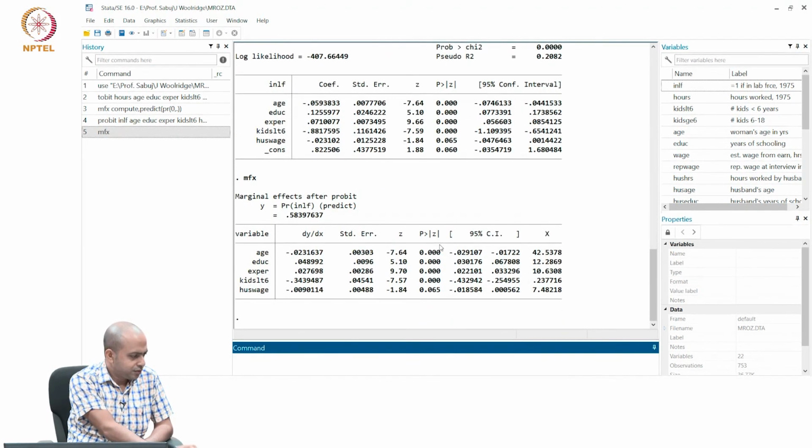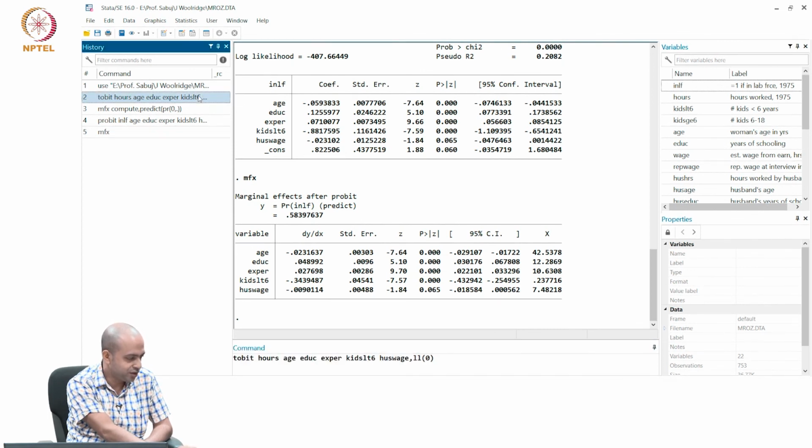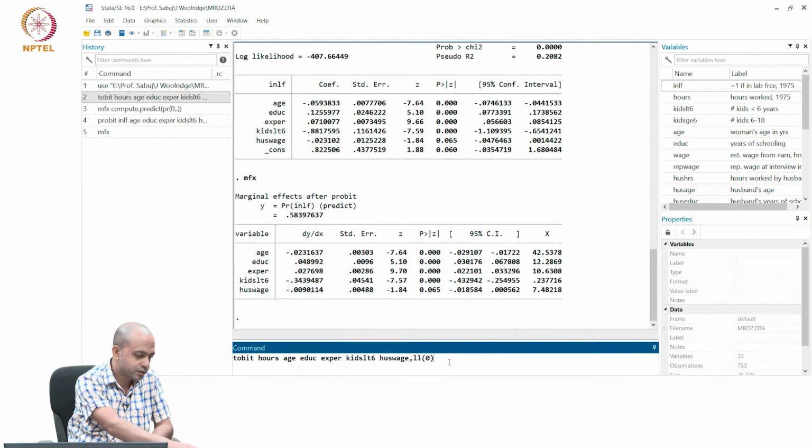And then for the second type of marginal effect that we get from the Tobit, I will once again estimate the Tobit model. For that, I am using this command. The advantage of this window is that whatever command you use, it will be saved here, and if you simply click on it, it will directly take the command. You do not have to type the command again and again.